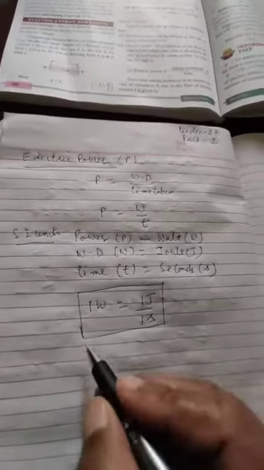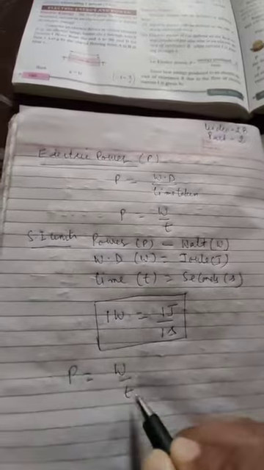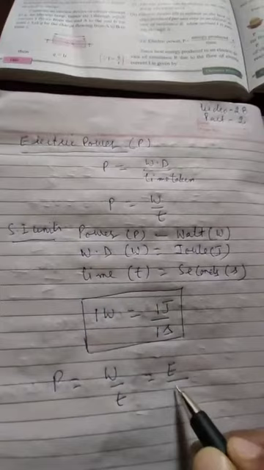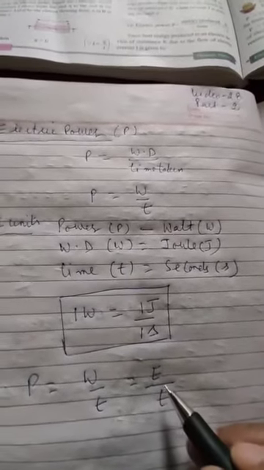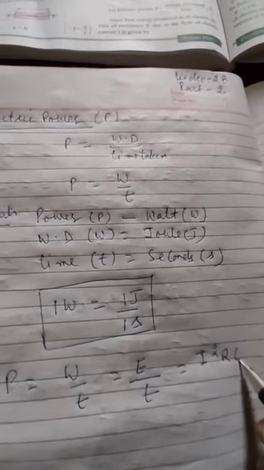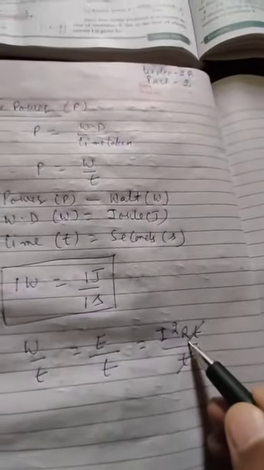Now just now we have done power is equal to work done upon time, and this work done is equal to electrical energy consumed, that is E upon T, and we have done that E is equal to I square R T, upon T. So I square R T, T and T get cancelled.